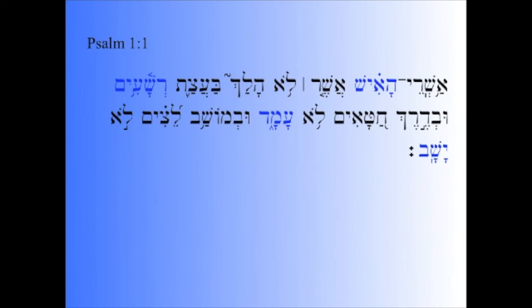When we go here to Psalm 1:1, we notice that some of the really major accents that we've noted help break up the verse into meaningful units that we will later learn as parallelism. So we have this kind of introduction.